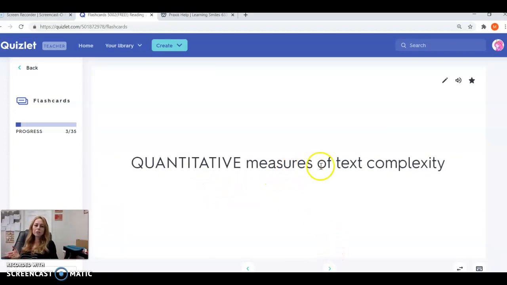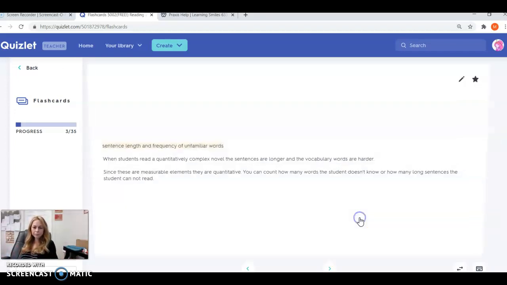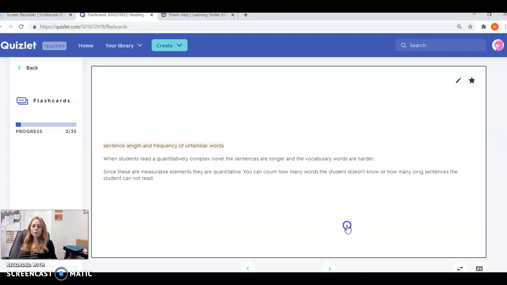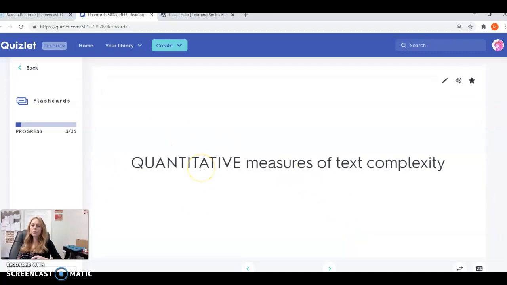Okay, quantitative measures of text complexity. This is sentence length and frequency of unfamiliar words. Basically, quantitative means you're going to count. When you are trying to figure out how hard a book is for a student, especially if you're in pre-K or kindergarten, you can say, this student can read 3 words per page.